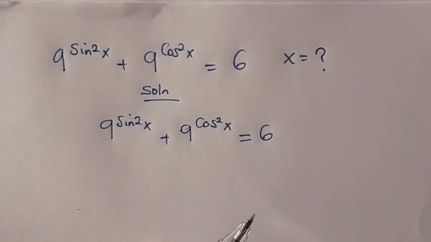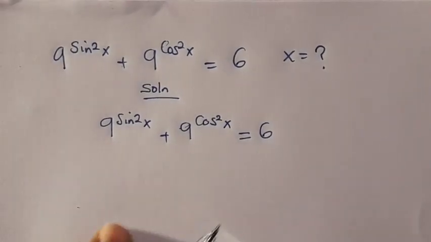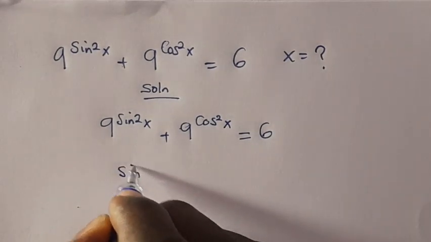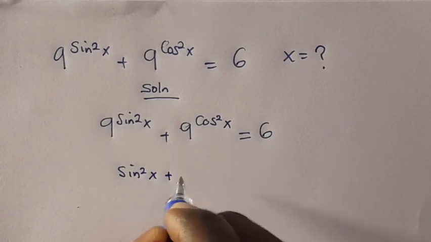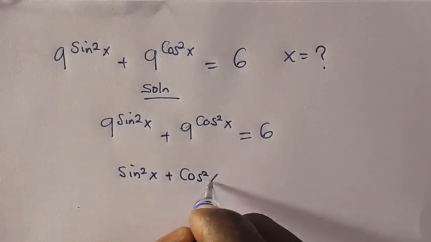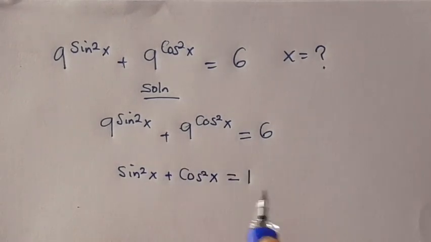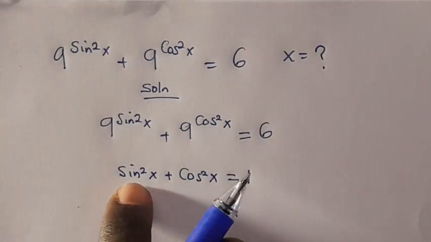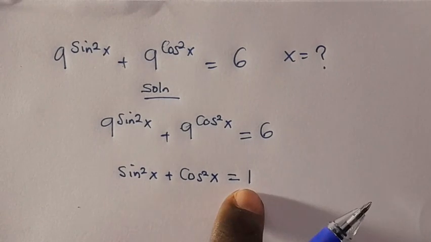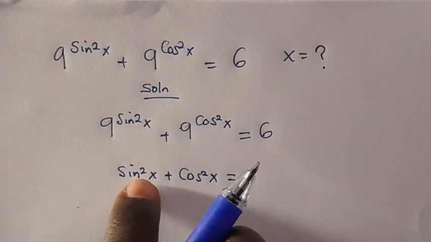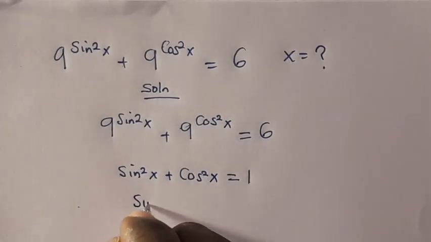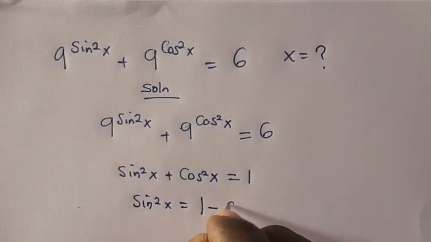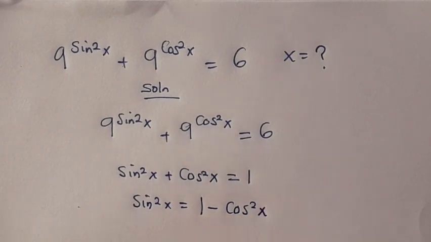But recall that from the trigonometric identity, sine square x plus cos square x equals 1. And so from here, we can have sine square x equals 1 minus cos square x.